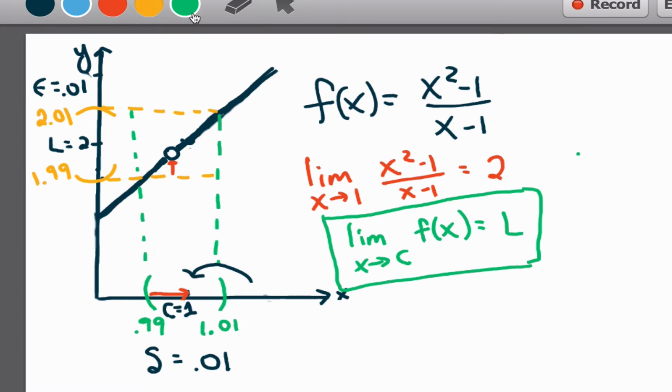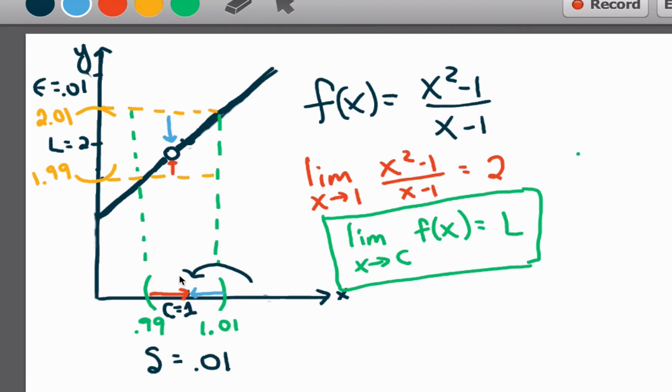As the x values approached c, or 1, from the right side, we noticed that the outputs, or the y values, were approaching 2 from the top. Therefore, we said that the limit of this function as x approached 1 from either the left or the right was 2.